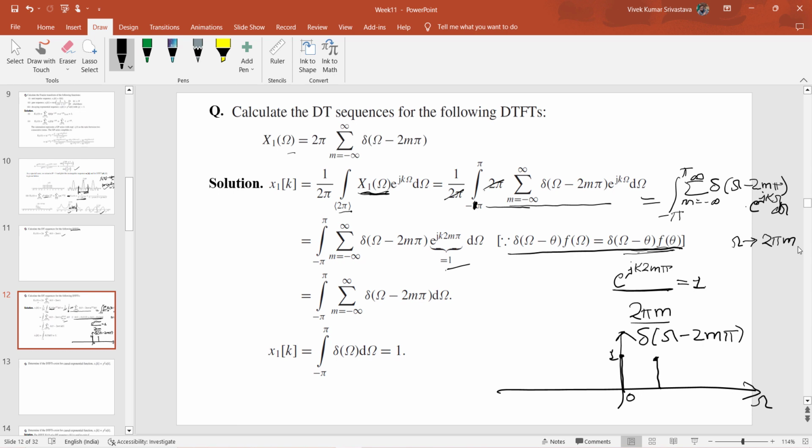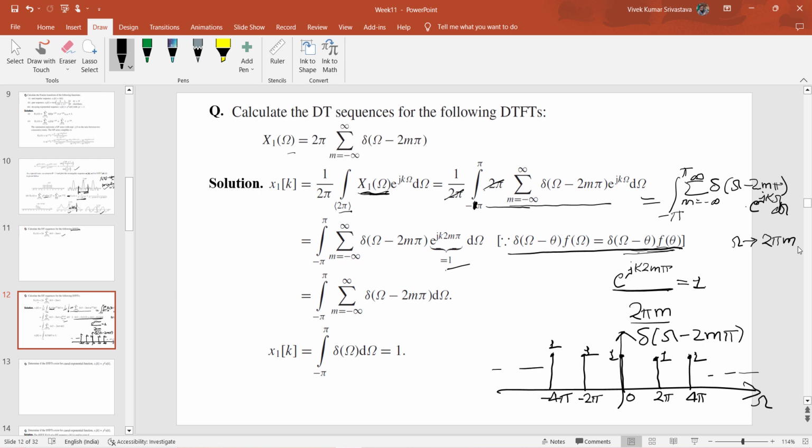Then you get a value of 1 again at 2 pi and minus 2 pi, then at 4 pi and minus 4 pi, and so on.